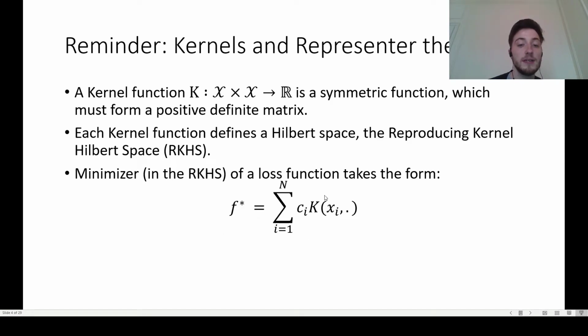That is, if you fix the first argument of your kernel function, it becomes a function of one variable. And the representer theorem says that a linear combination with coefficients of functions of this form, where xi is the training data, will minimize a loss function. The representer theorem applies to a very large class of loss functions.